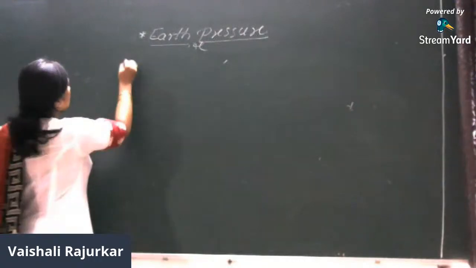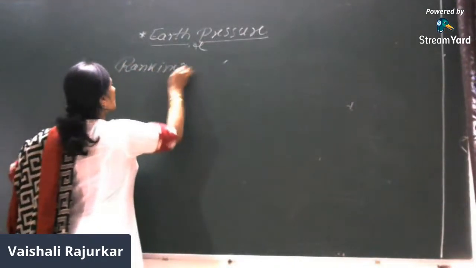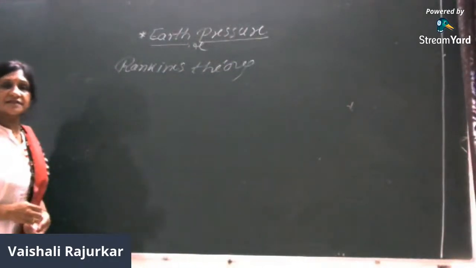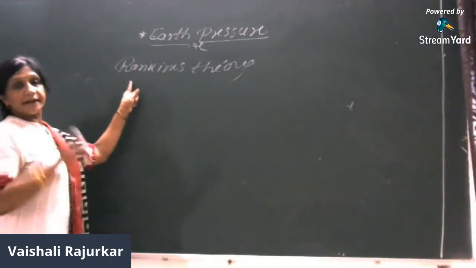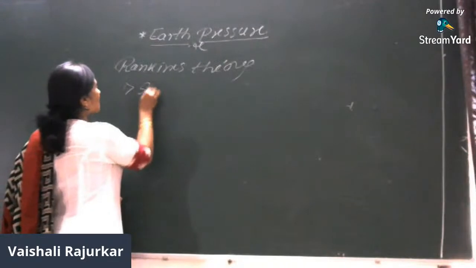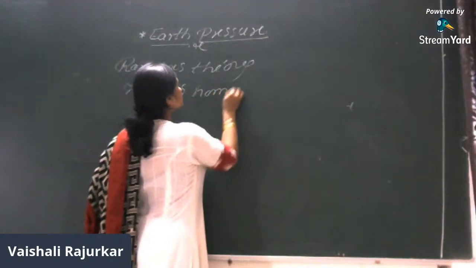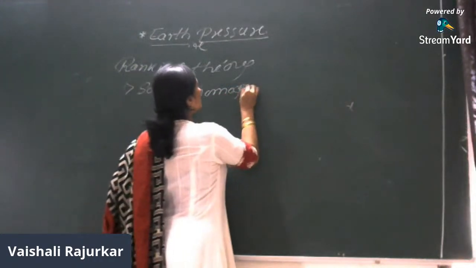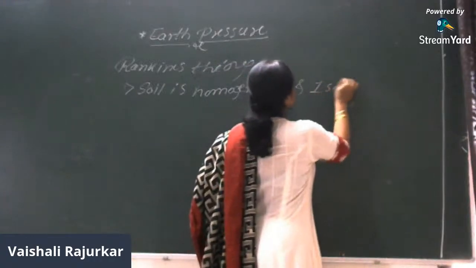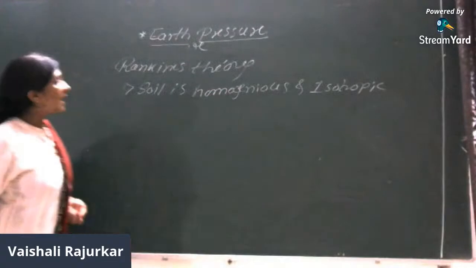The first assumption in Rankine's theory is that the soil is homogeneous and isotropic.